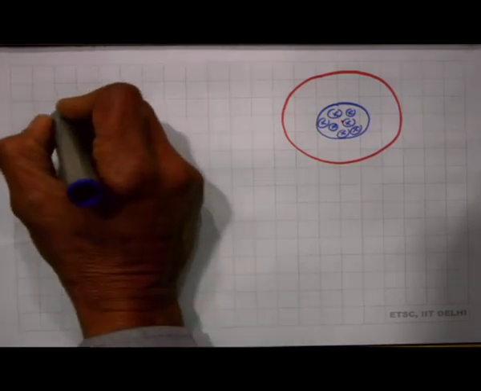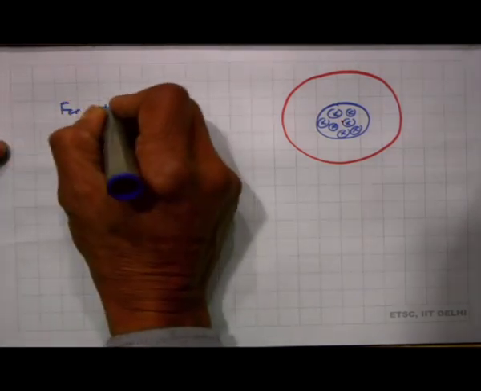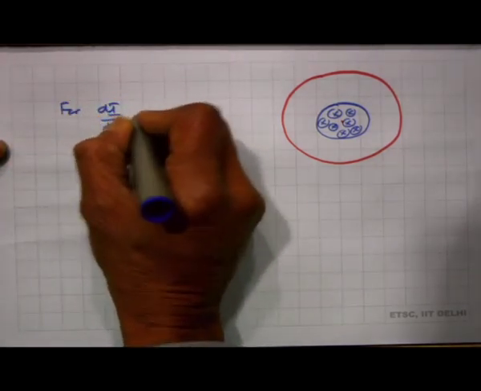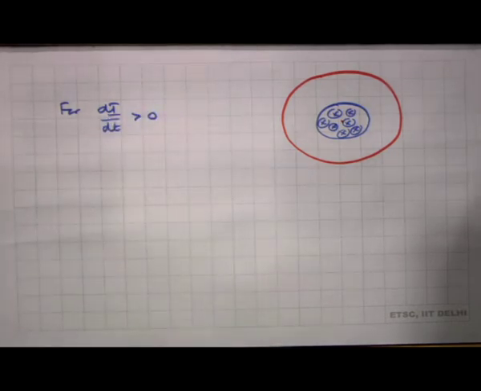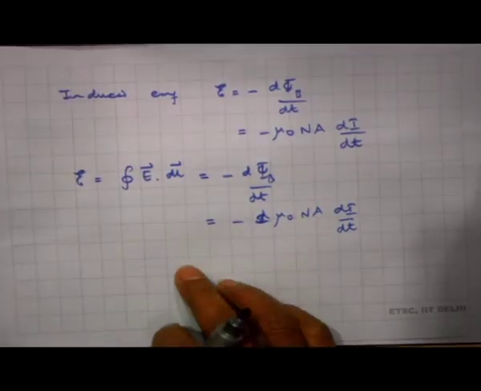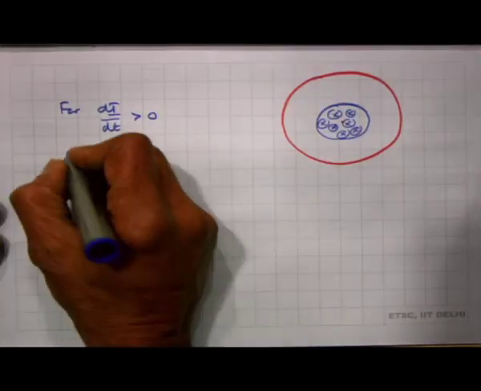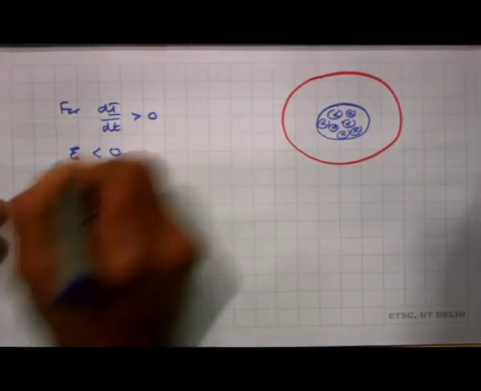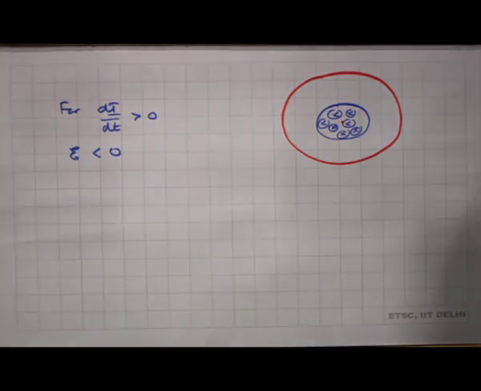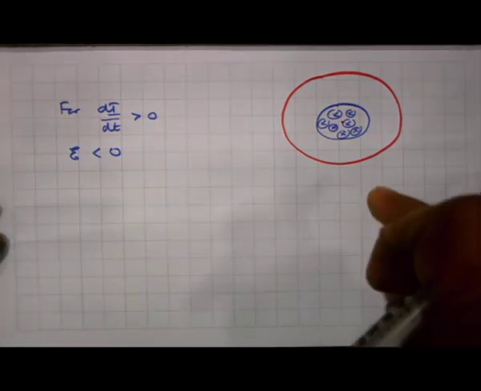So, for dI by dt greater than 0, if you look at this, for dI by dt greater than 0, induced EMF is negative. Now, please remember, the magnetic field is pointing downward.